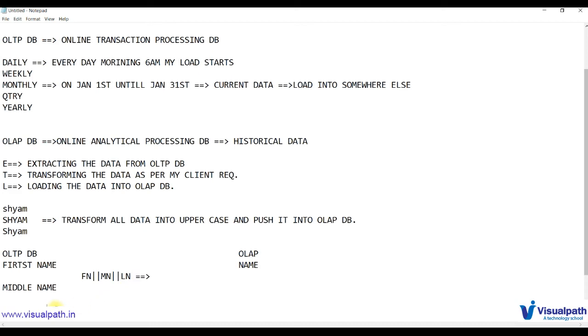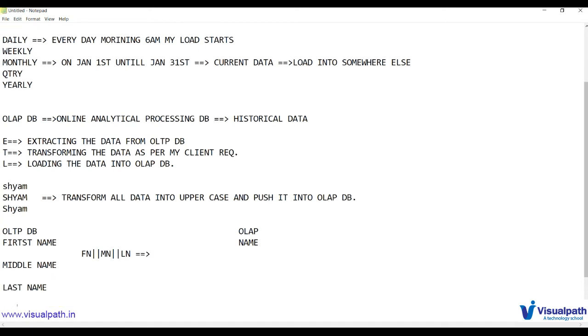Not only this, we also have some business logic inside it. Suppose the data in OLTP is a new record, meaning it's not present in the OLAP DB. Then I want to insert the data, because this is a new customer, a new registration coming into my OLTP database and it's not present in my OLAP.